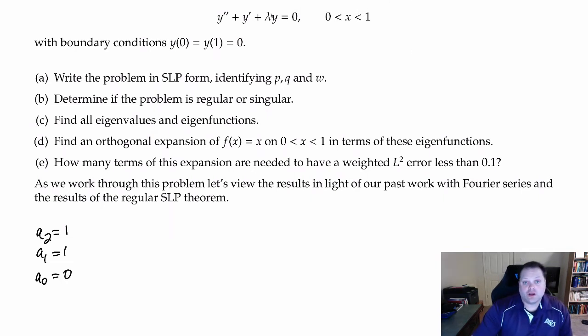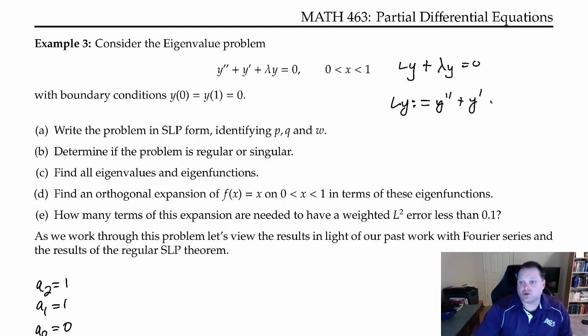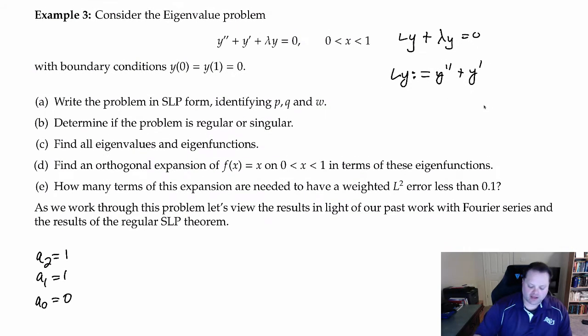The lambda y term is not part of the linear operator. The linear operator is the part that doesn't include the lambda y term. So this is of the form Ly plus lambda y equal to 0, where Ly is simply y double prime plus y prime. There is no y term in Ly, so A0 is 0.